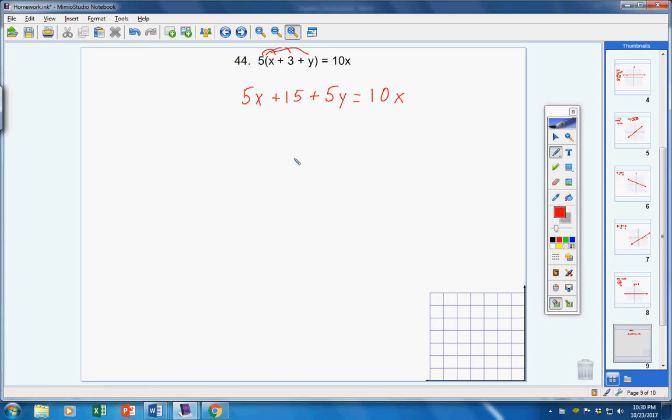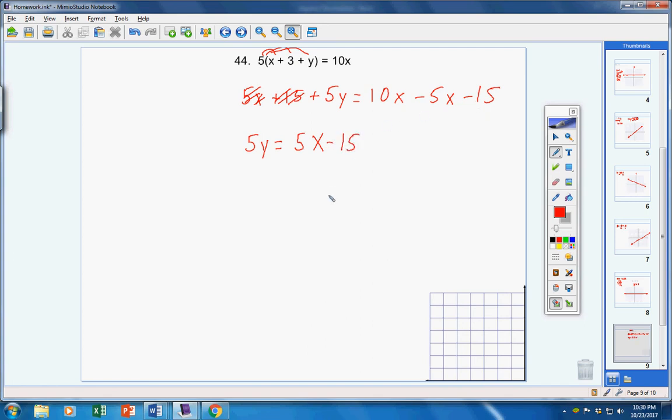Okay? Now, next, we want to get y by itself. Bring the 5x over, make it negative. Bring the 15 over, make it negative. And look, I've got two like terms here I can put together. So I've got an x term and an x term. Put your x, positive 10, negative 5. That's a positive 5. And then a negative 15.